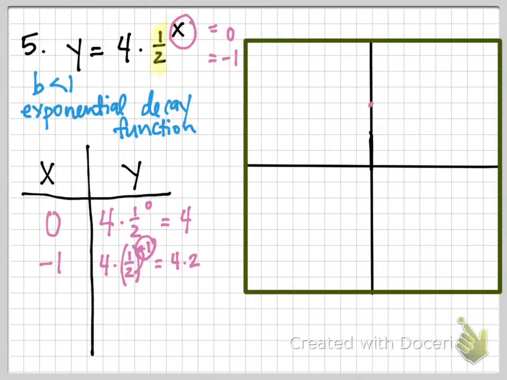So 2 to the first power, which would give me 8. So I would plot -1, 8, which would be here.